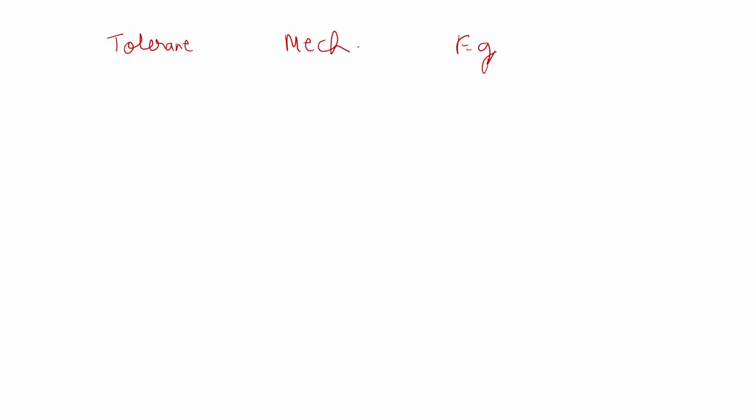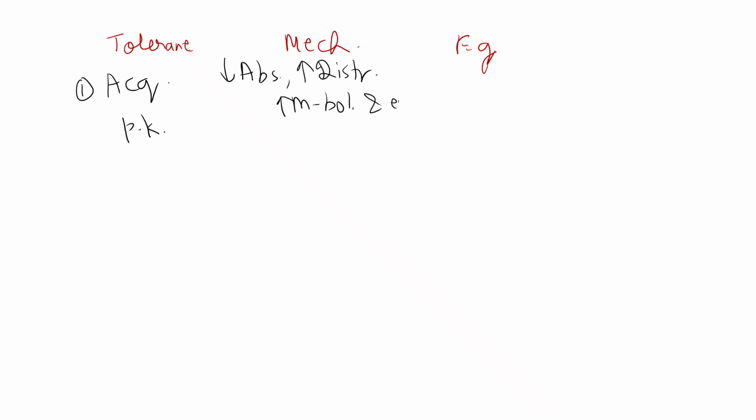First and foremost, I'll be discussing with you acquired pharmacokinetic tolerance. Decreased absorption, increased distribution, ADME, or increased metabolism and excretion. The case of enzyme induction, or there can be decreased plasma drug concentration.